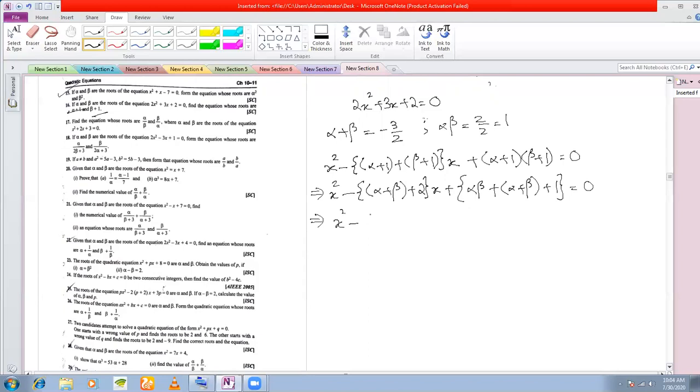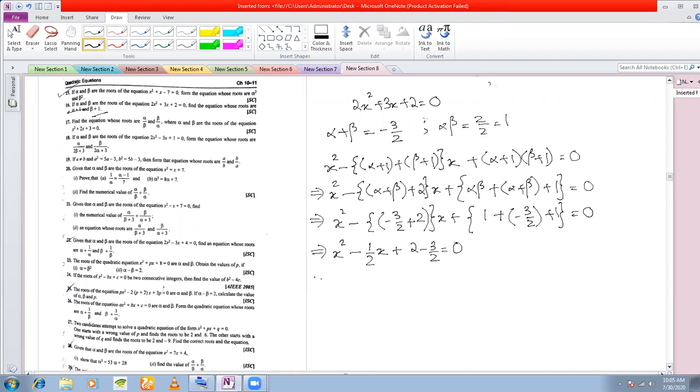Now you put the values. x square minus (alpha plus beta is minus 3 by 2, plus 2) x plus (alpha beta is 1, plus minus 3 by 2, plus 1) equal to 0. That means x square minus, take the LCM here, you get half x, and take the LCM here, you get 2 minus 3 by 2 first.